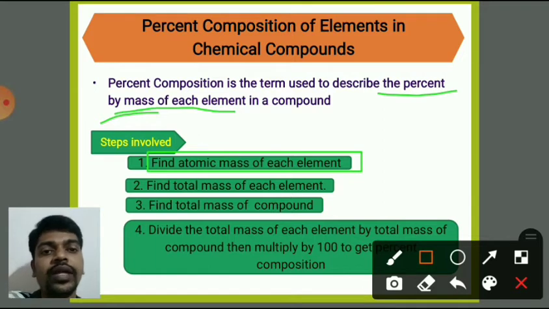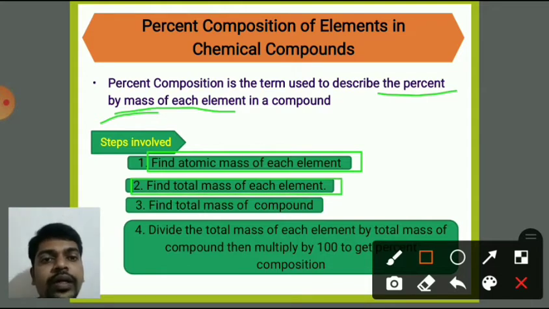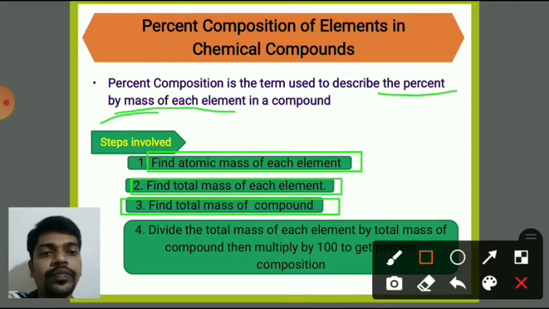In any given chemical compound we first have to find out the atomic mass of each element. Then we have to find out the total mass of each element in a given compound. Then the total mass of the compound. So these are the first three steps.